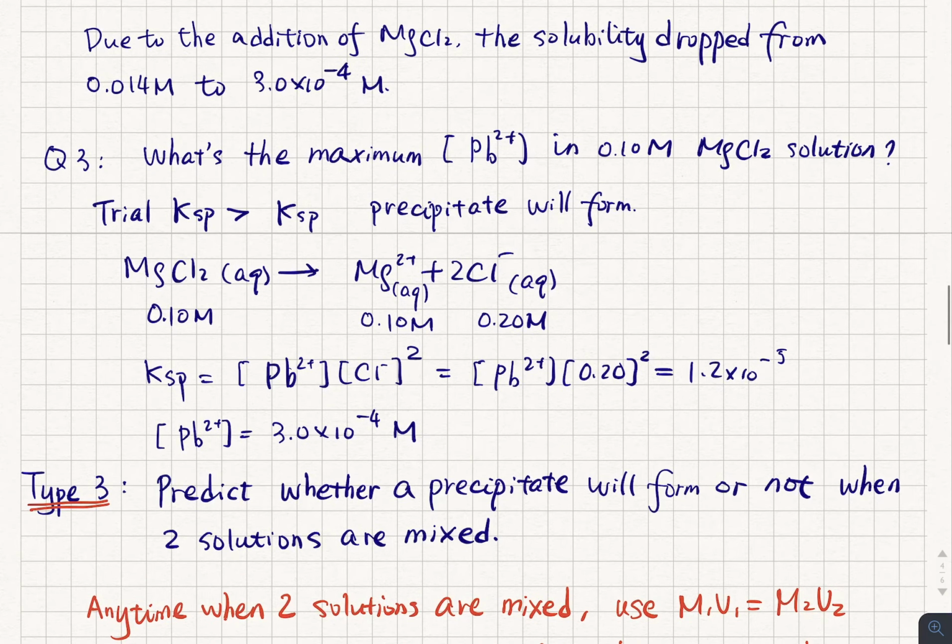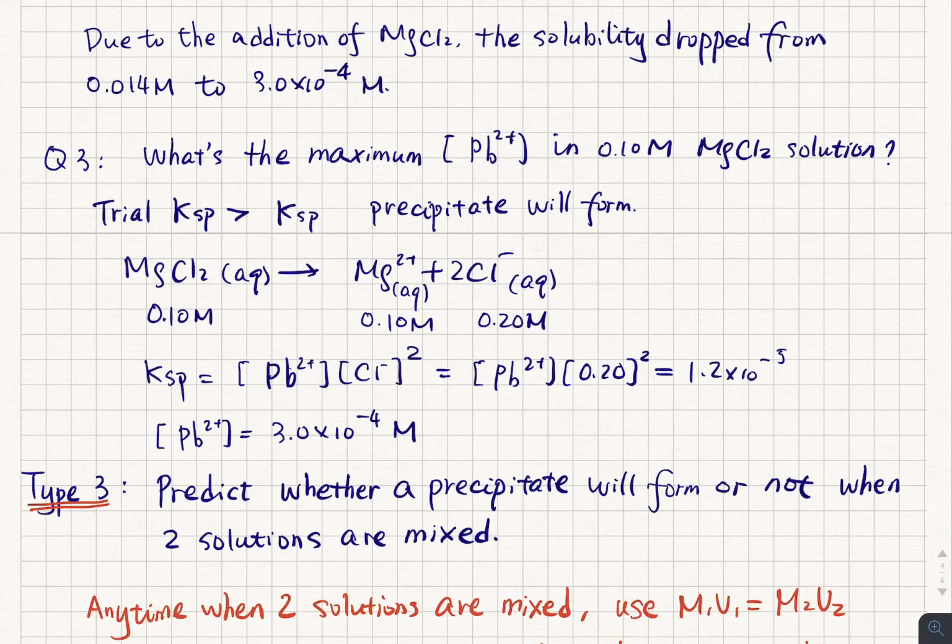Another type of question would be like, what's the maximum lead concentration in 0.1 molar magnesium chloride? If we calculate the trial Ksp, and if the trial Ksp is greater than Ksp, then the precipitate will form. Magnesium chloride, in this case, again, will produce the chloride ion.